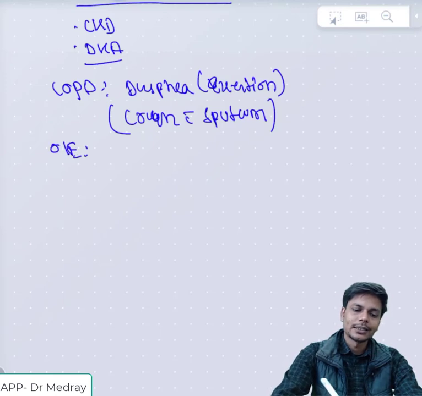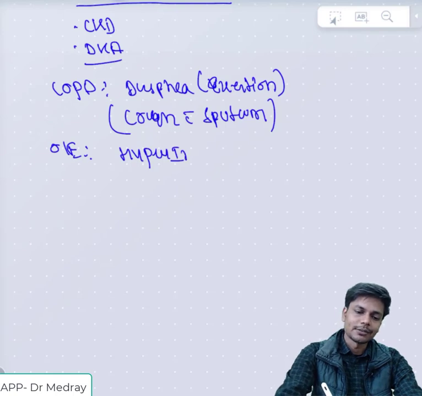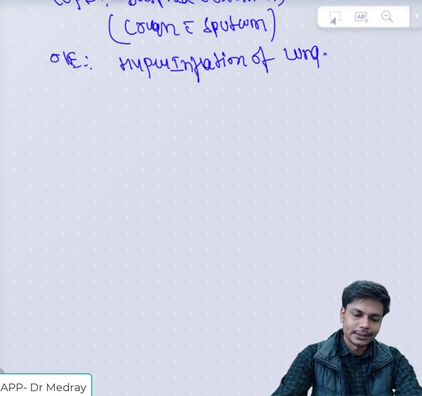On examination, you can get a hyperinflated lung field. We are not discussing in detail the examination findings of each disease. We'll discuss it in the examination section, but there will be hyperinflation of lungs in a patient of chronic obstructive pulmonary disease.